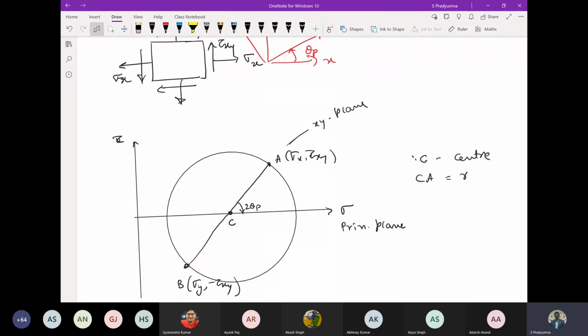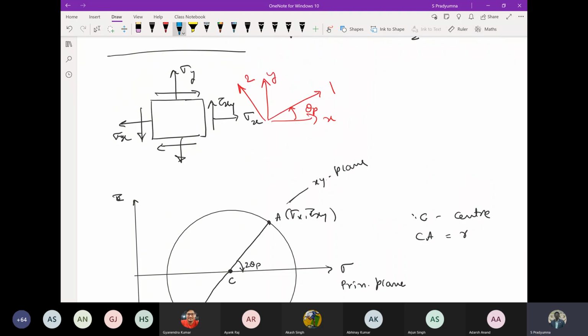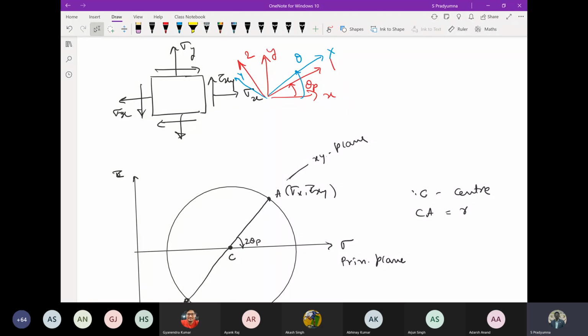So here, this is the xy plane, and you know that the xy plane makes an angle 2 theta p with the principal plane. Now let's say I want to rotate to capital X and capital Y, by an angle theta.